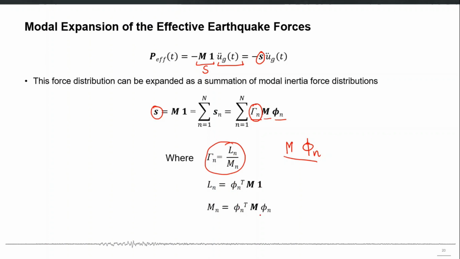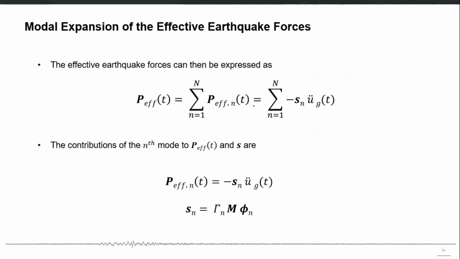So all we need is these two quantities to calculate the modal participation factor of that mode. So first we calculate mode shapes, then using the mass matrix and that mode shape, we calculate the modal participation factor for each mode, and then using that expression, we can expand our S vector into the contribution of each mode.